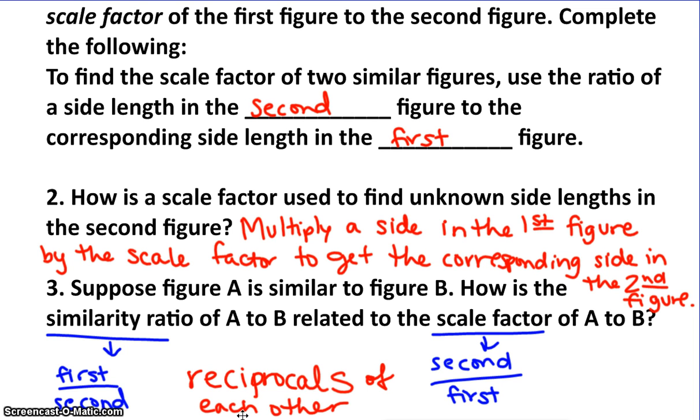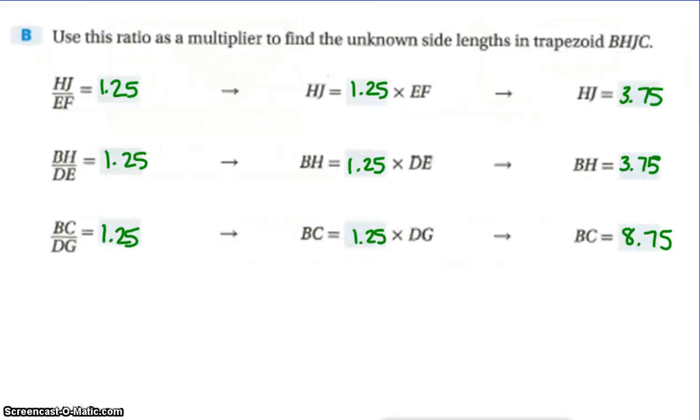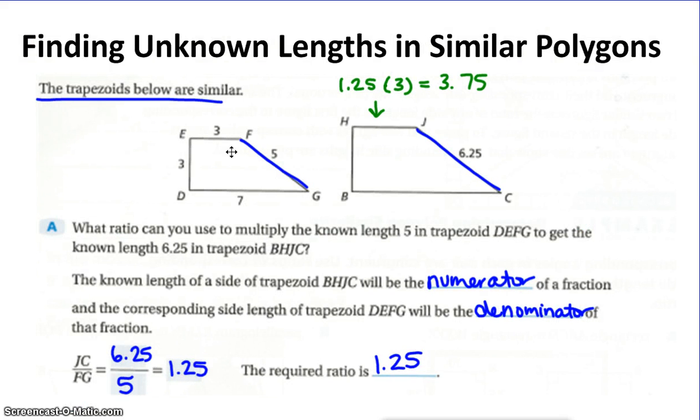So if you go back and look at the first page where you had to determine if the polygons were similar in those rectangles, we did the first rectangle divided by the second rectangle. And that gave us our similarity ratio. However, when we already know that two things are similar, we need to find the scale factor. So this time you go from the second to the first. You notice how this is your first figure and this is your second.